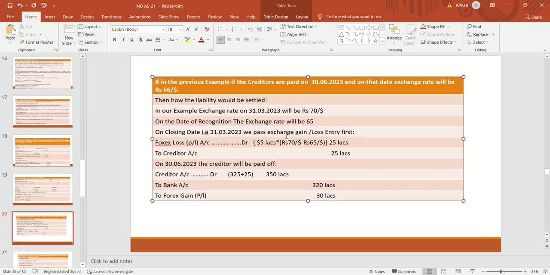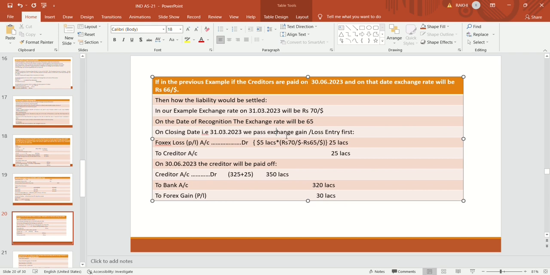Because the liability is not settled on 31st March, we will make an entry of creditors gain and loss if there is any fluctuation, because it was in foreign currency lying in the books. We will record the foreign currency transaction loss or gain. So the date of recognition rate will be 65 and the closing rate will be 70.